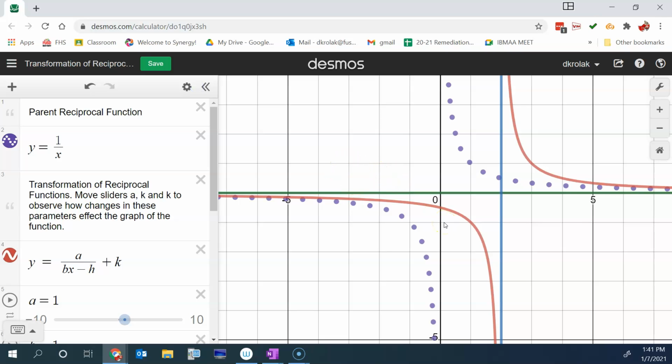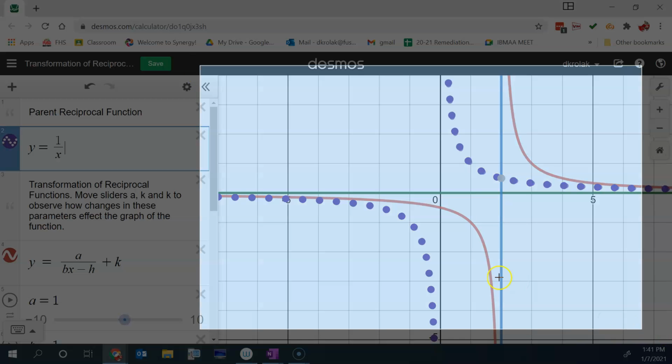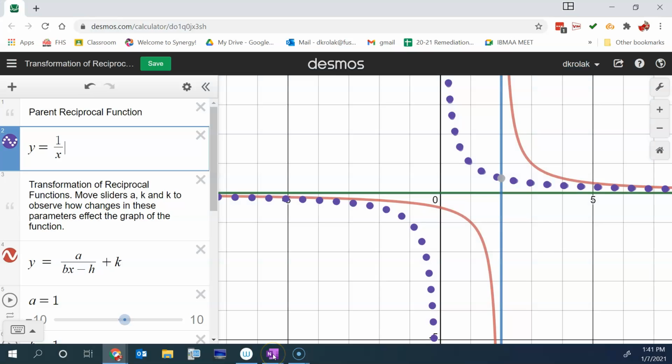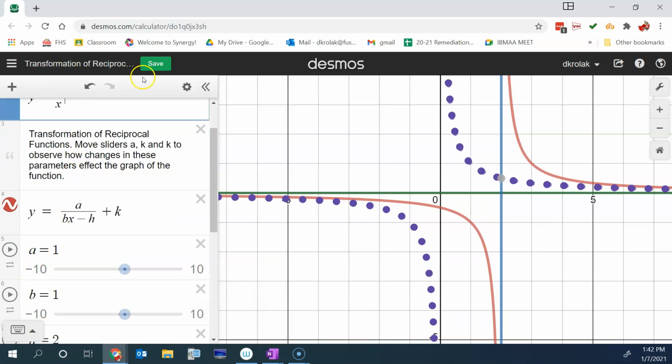Okay. So when I look up here, okay, all that happened here, everything just shifted over one spot.